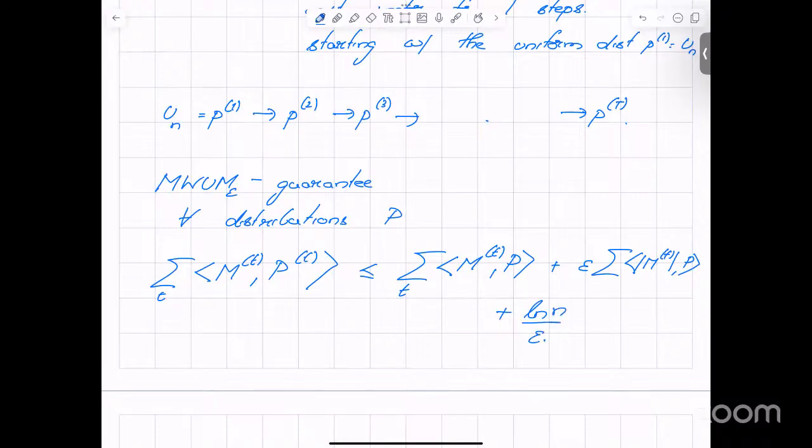We haven't yet decided what is capital T and what is epsilon. These are two parameters. We'll determine them. But let's look at each of these numbers.